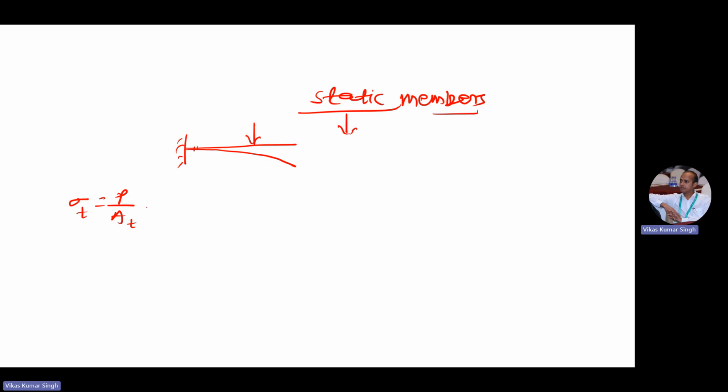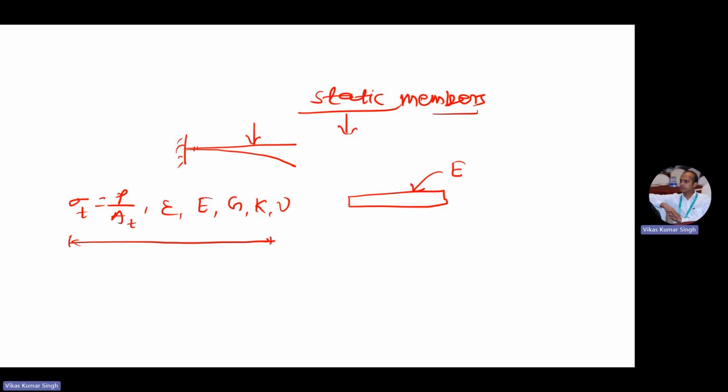So using stress, strain, Young's modulus, G the shear modulus, K the bulk modulus, and Poisson's ratio, we are developing the theory. Suppose we have a static member and we give some amount of energy to it, in the form of stress or strain. This member will fail after some time.